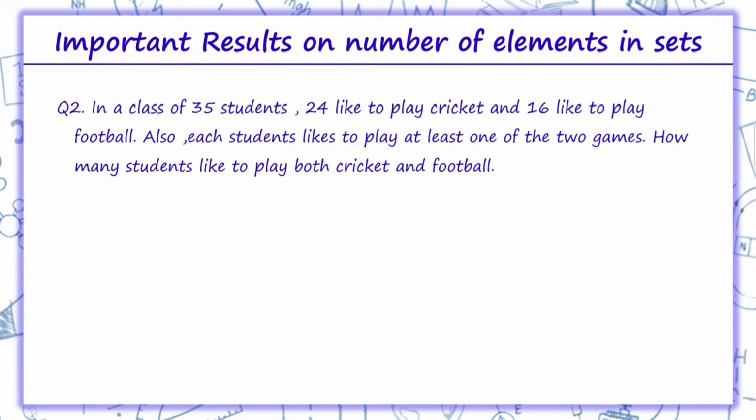Now the next question is, in a class of 35 students, 24 like cricket. Let C be the set of students who like to play cricket. 16 like to play football, and F is the set of students who like to play football.